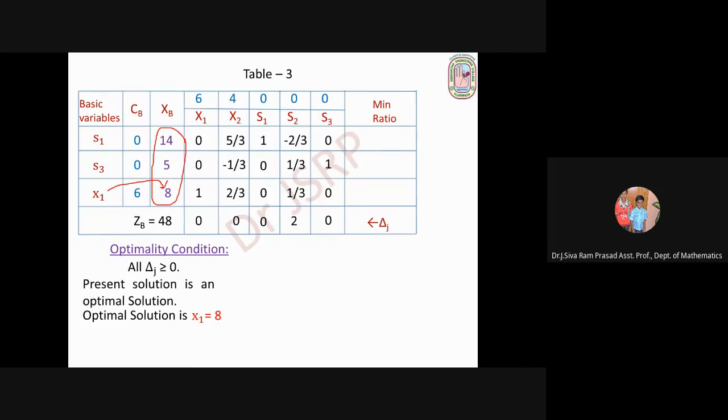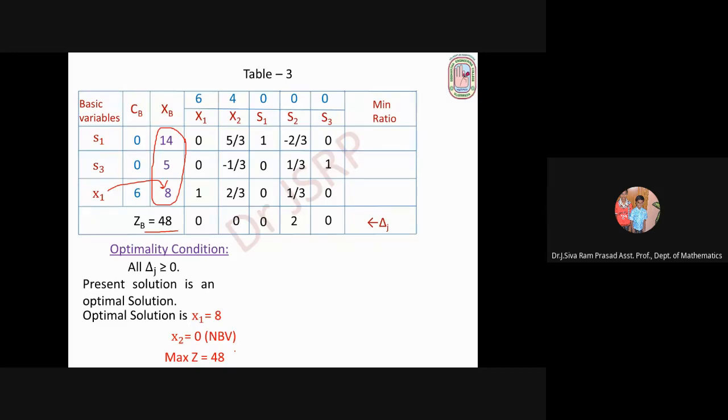So here in the basic variables there is no x2. That means x2 is a non-basic variable. So it is 0. So x2 equal 0. That is NBV, non-basic variable. And the objective function value max z equal 48. So this is the optimal solution to the problem.